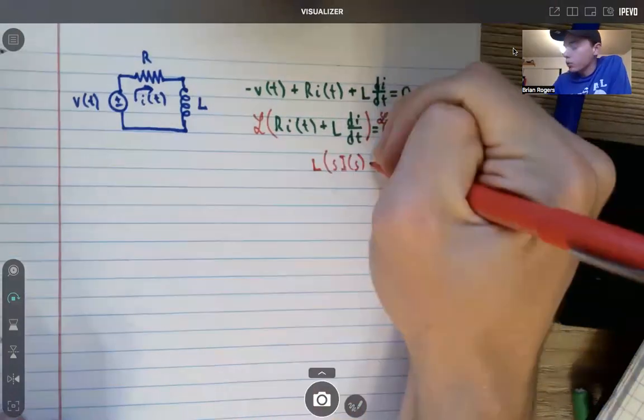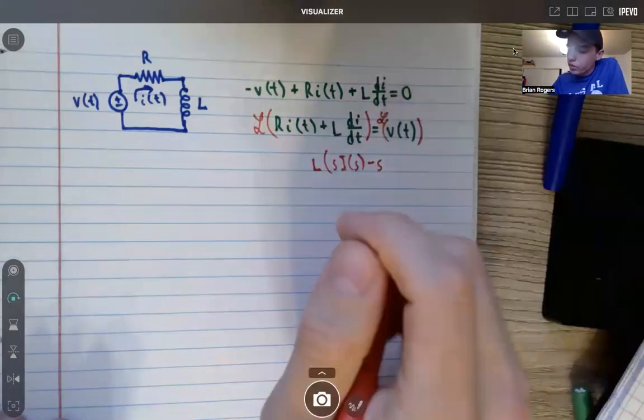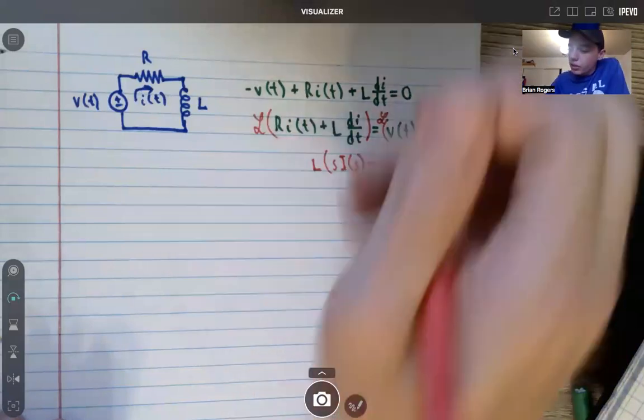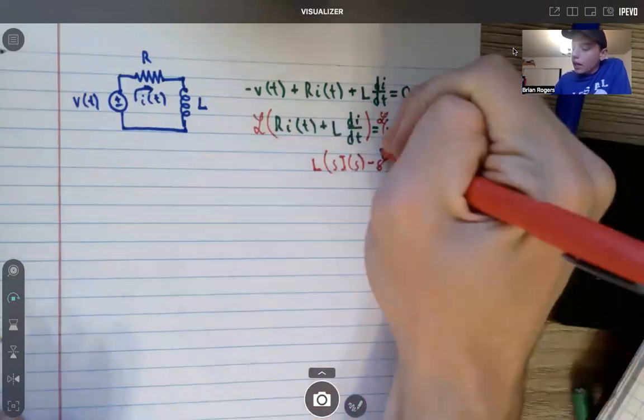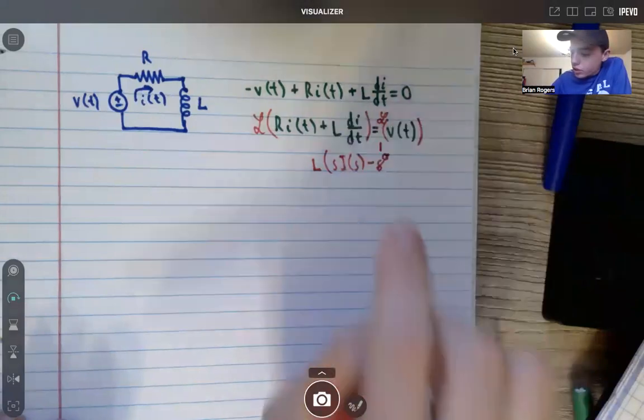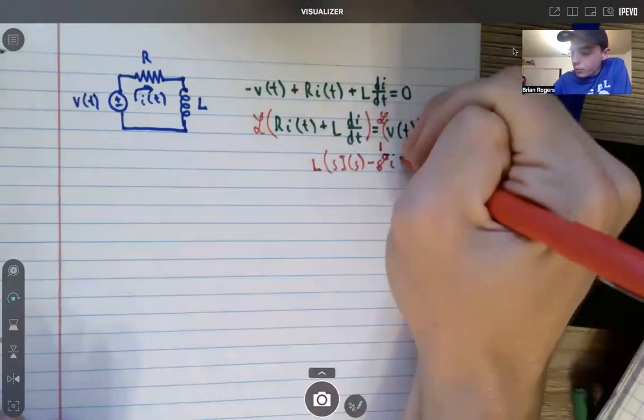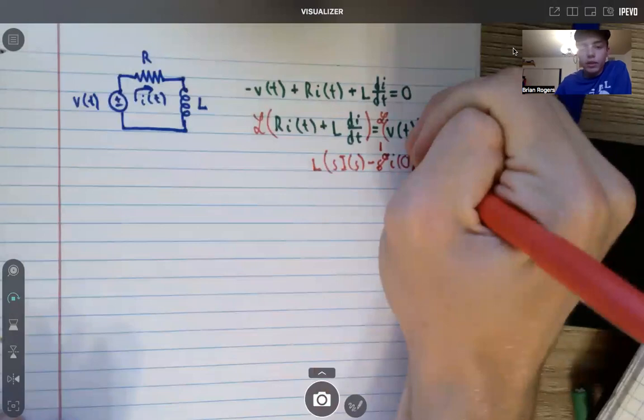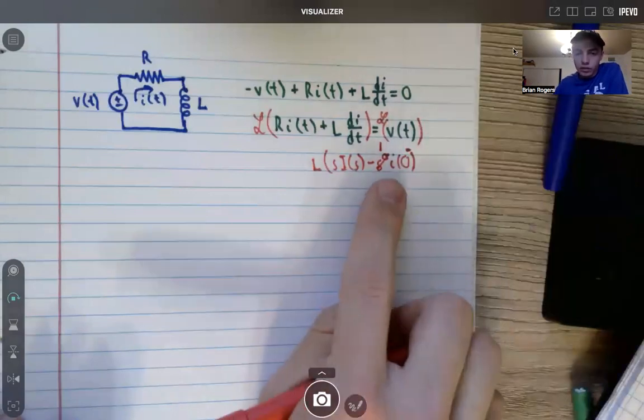So you deduct one, so it would be S to the 1, so this would actually be S to the 0. S to the power of 0 is just 1. And then it becomes your initial condition, as you see in the Laplace table, as it approaches from the left-hand side at time 0.